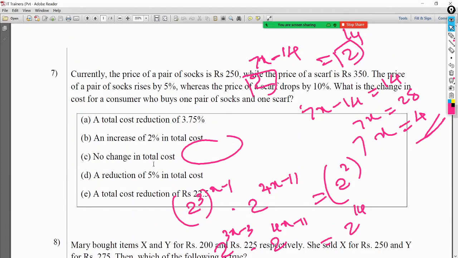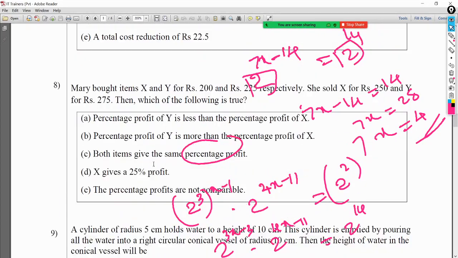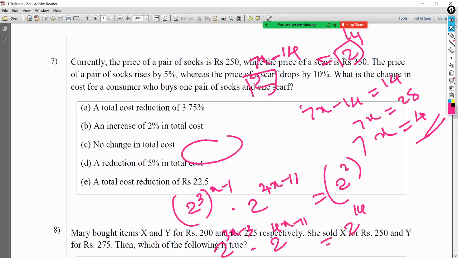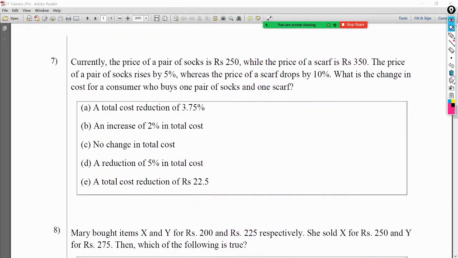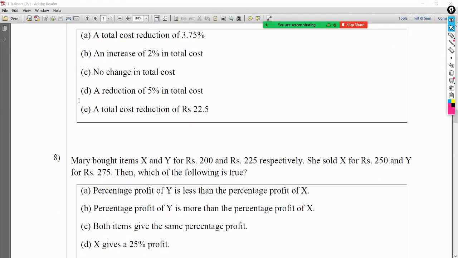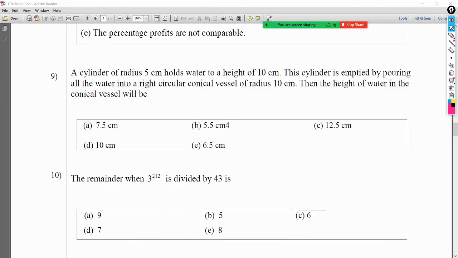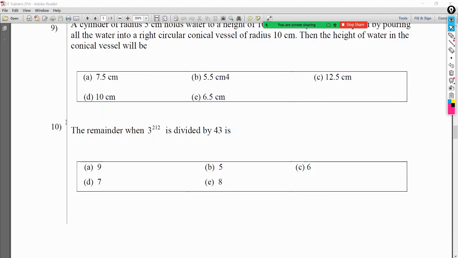Right. So we'll do, these are ratio questions, okay? These questions are easy. I don't want to do those before you attempt. So you have to do questions 7, 8, 9. Don't do 10.